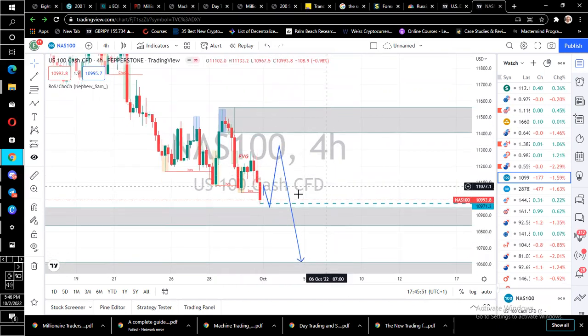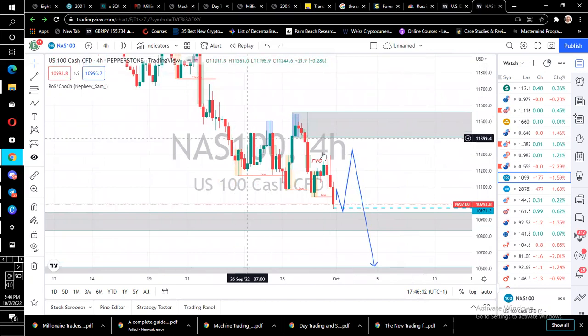Depending on what they give me, once they take away this liquidity, I'll expect a pullback to the upside, and still my bias will be to the downside, because this is actually what I'm still expecting. Why? Because the market has not really given us any indication that they are actually reversing here. So we'll still be looking forward to see a pullback, then take a sell, so we'll have a smaller and low risk stop loss.